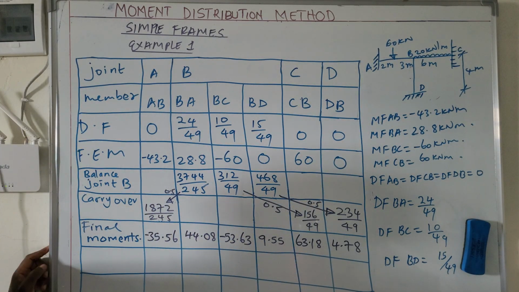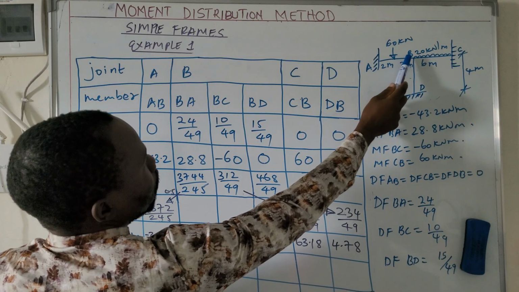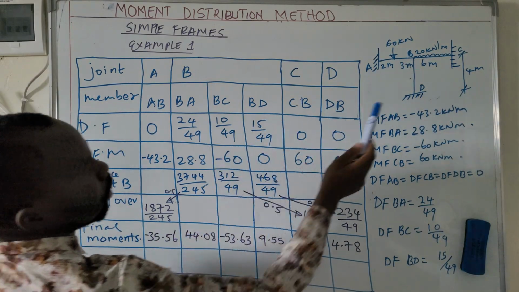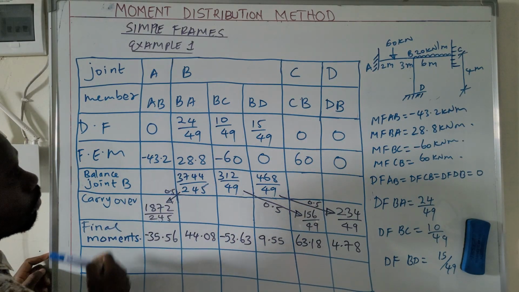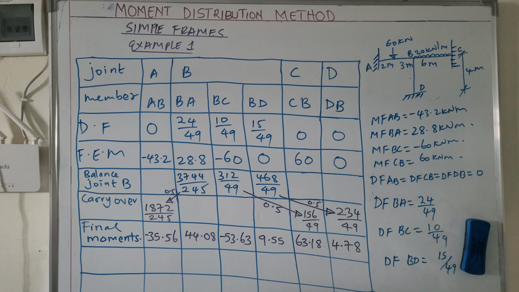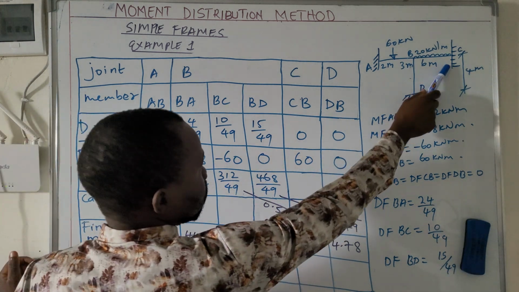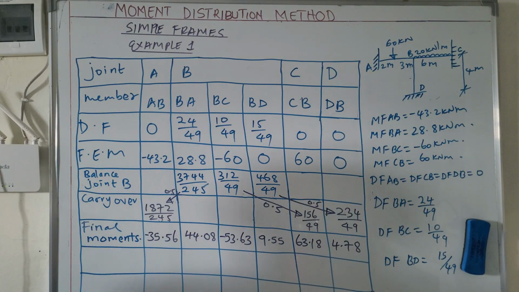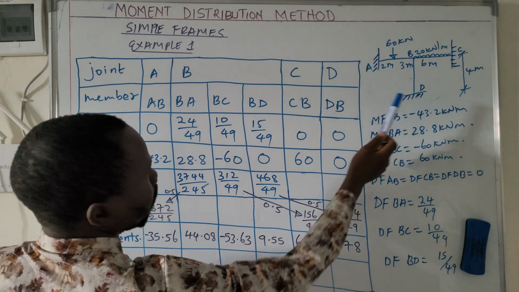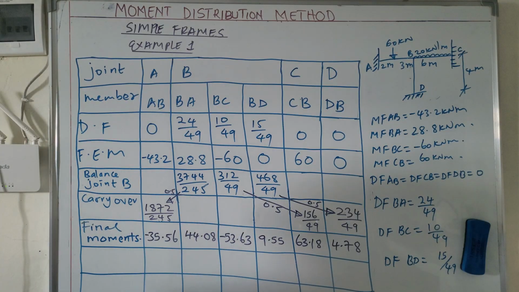At joint B, we have several members: member BA, and then members BC and BD. And then we proceed to joint C. At joint C, we have member CB. And then we proceed to joint D. We have member DB.